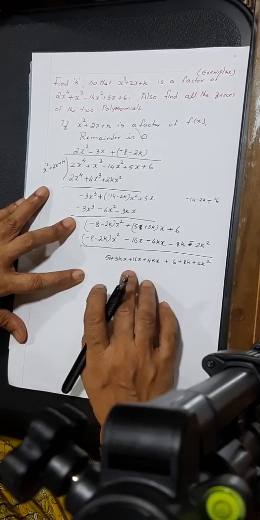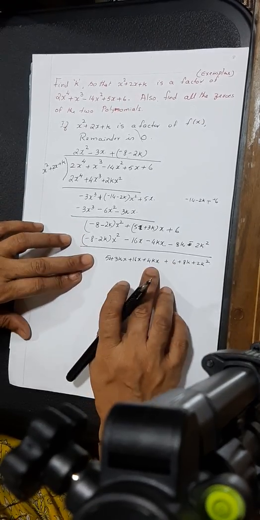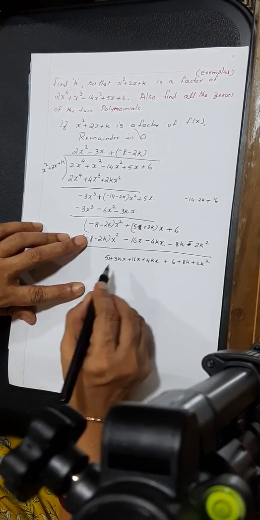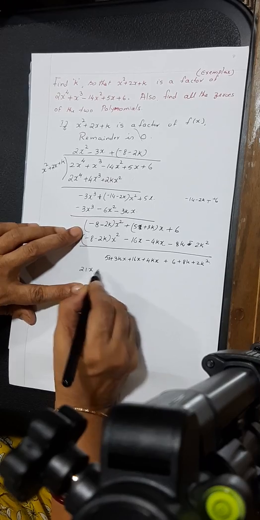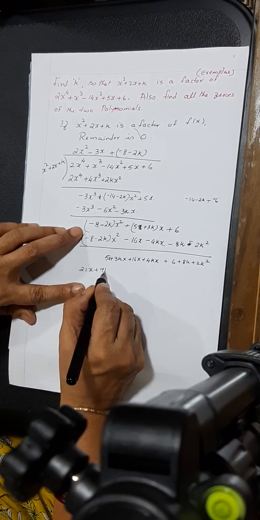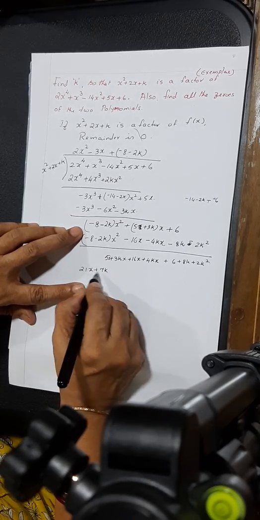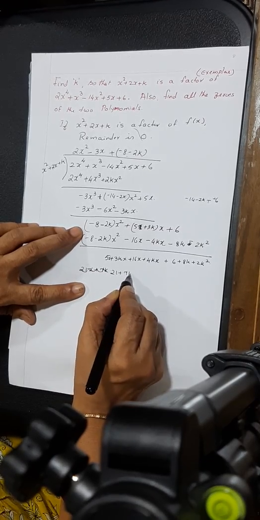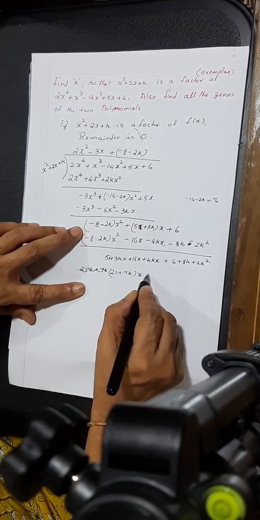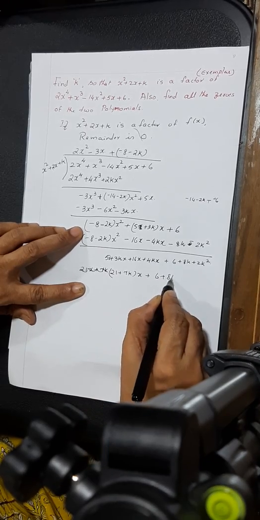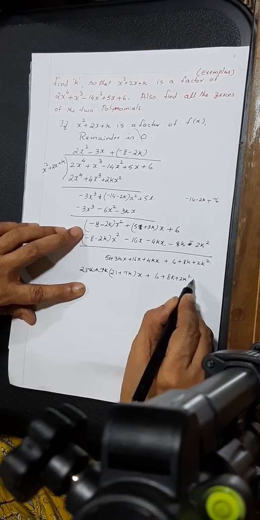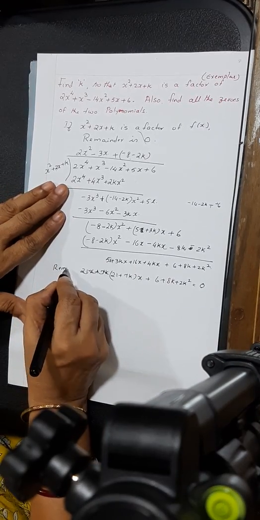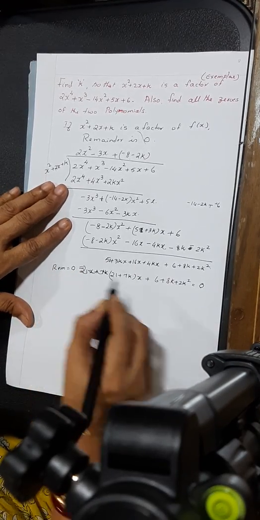If this is a factor, then the remainder has to be 0. So we will get 21x plus 7kx. I'll write 21 plus 7k into x plus 6 plus 8k plus 2k squared is equal to 0. The remainder is equal to 0.